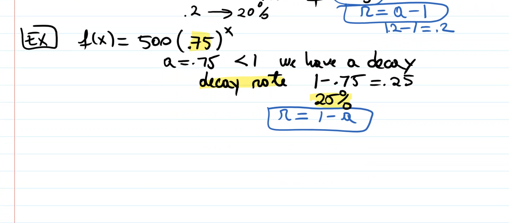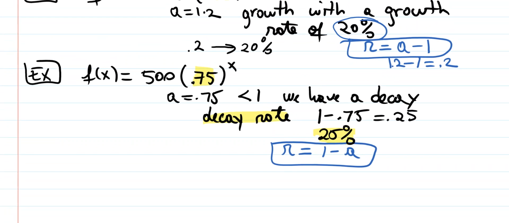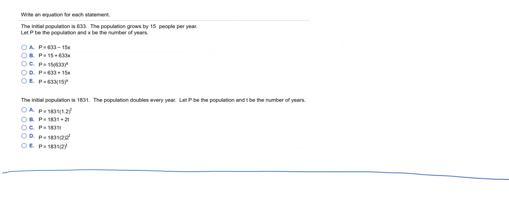You also saw there are some other types of exponential forms. So for example, actually let's go and do an example. So if you have an initial population of 633 and the population grows by 15 people per year, this doesn't say by 15%.